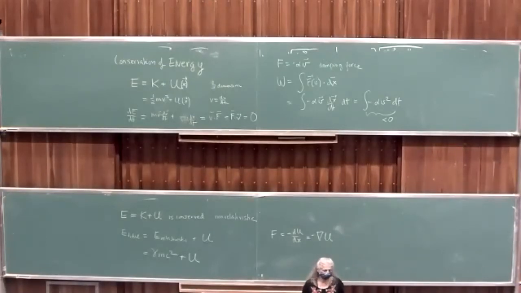So what motivates it is this principle that your lab experiments shouldn't depend on what speed your lab is moving at, and that the speed of light is the same in all reference frames. And so if you take those two assumptions, you should find that the only transformations that make that possible change the way you think about space-time, and then you get this gamma factor out of the transformation.